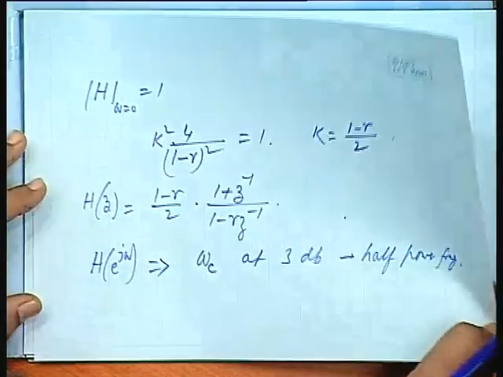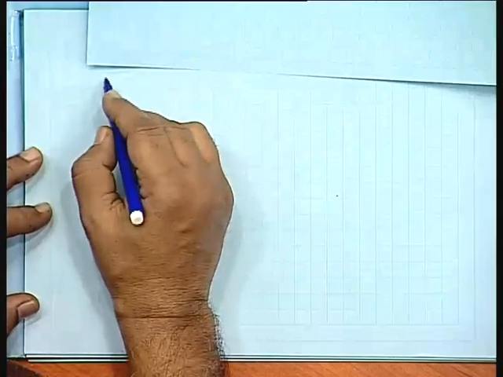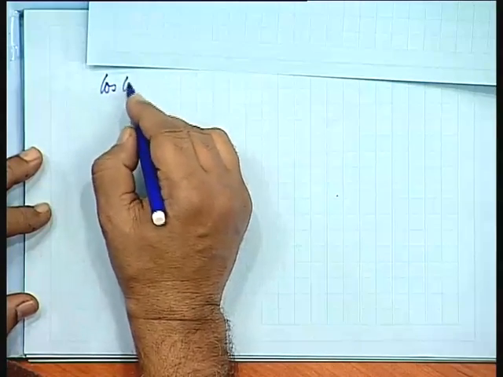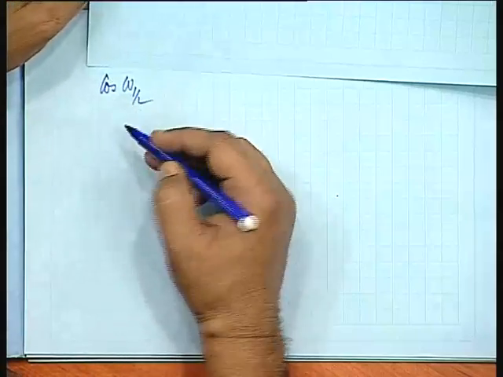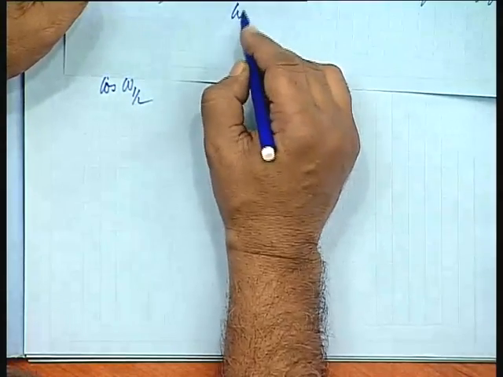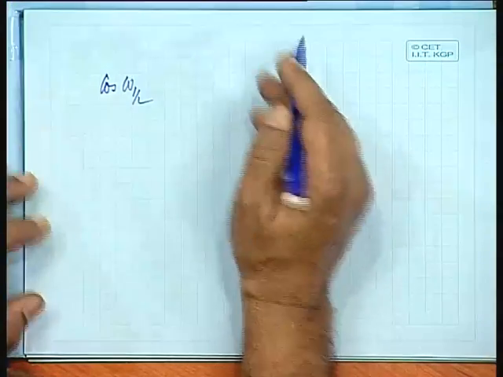It is maximum at omega equal to 0. Some people write omega half, some people write omega c. Okay. This is more specific at half power, that is the 3 dB point.